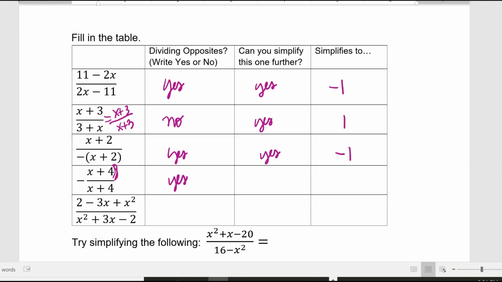So really this is equivalent to negative x minus 4 over x plus 4. And notice that these signs are totally different from top and bottom. So they are opposites. And therefore, since they are opposites, it equals negative 1.